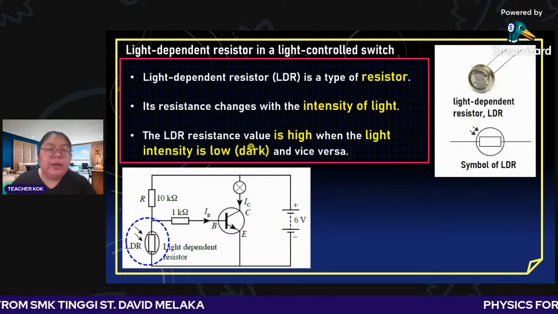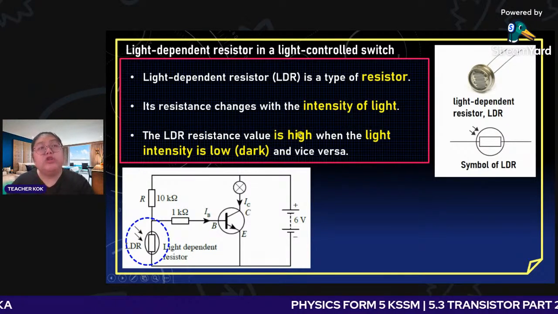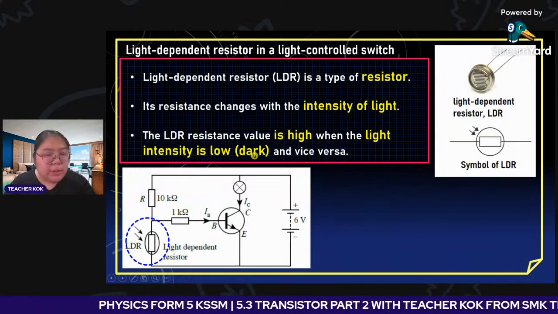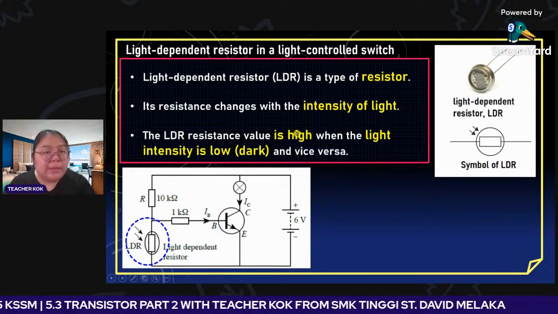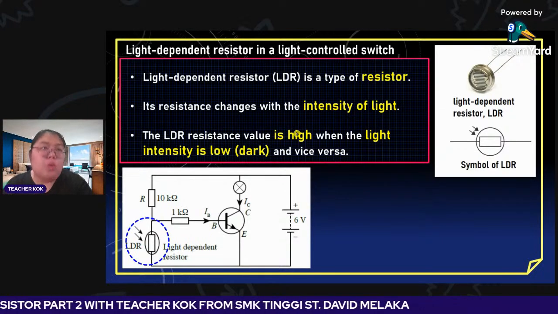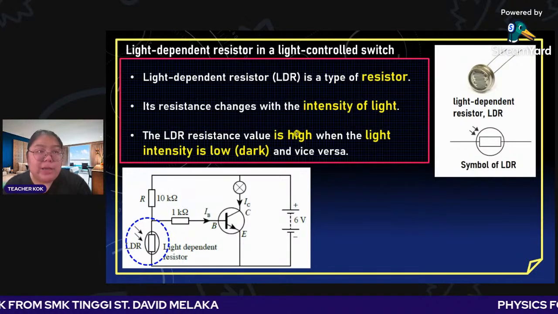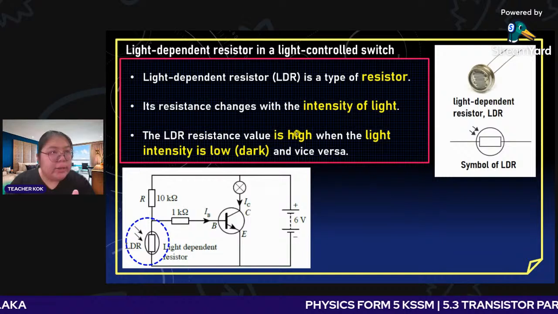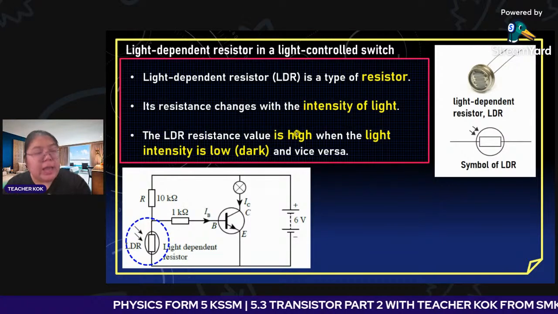The LDR resistance is high. So during the day, what happened? During the day, that means morning, the LDR resistance automatically changes to low. Okay, so this is the characteristic of the LDR. So when we know the characteristic, now we need to bring the LDR, bring the whole circuit, to the morning and to the night.